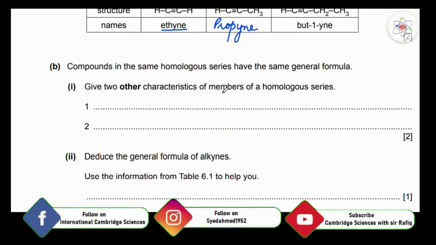Compounds in the same homologous series have the same general formula. Give 2 other characteristics of members of a homologous series. So if they have the same general formula, they also have the same functional group, right?